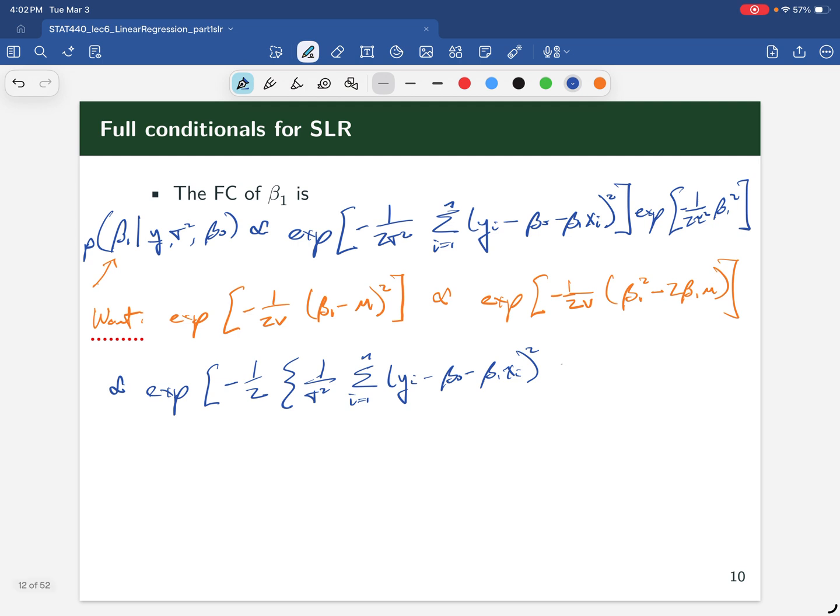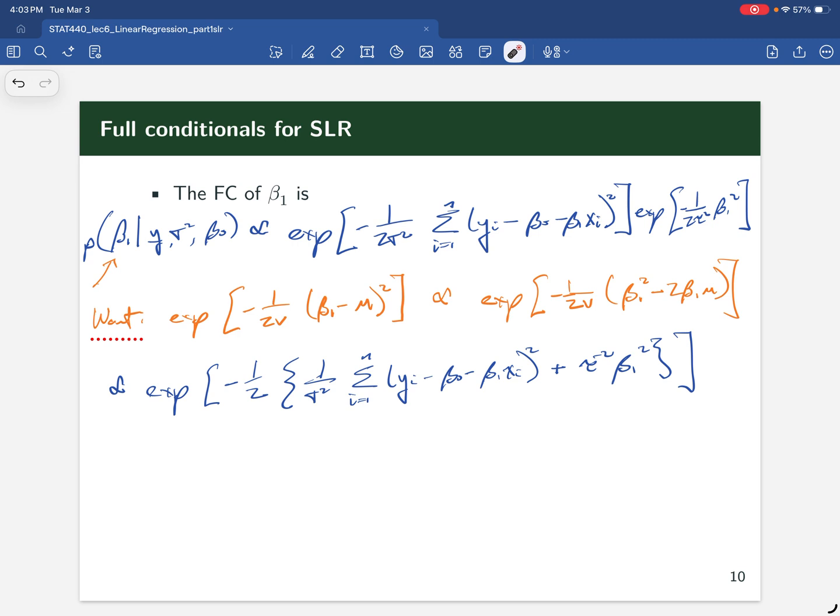And then I have a plus 1 over tau squared, which I could write as tau to the negative 2, or you could leave it as 1 over tau squared, and I've got a beta 1 squared. So hopefully you're seeing that this expression here is just combining terms and pulling that 1/2 out.